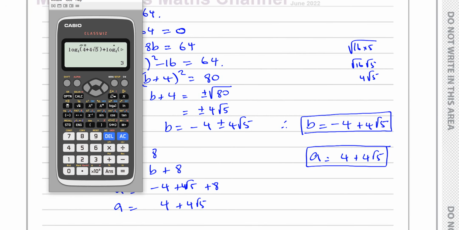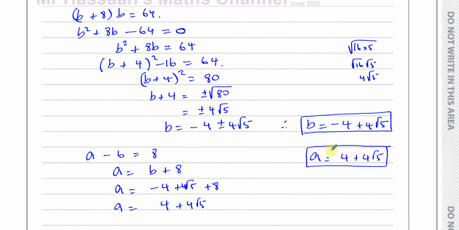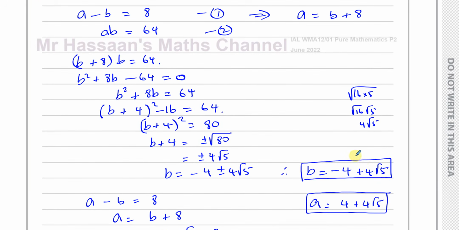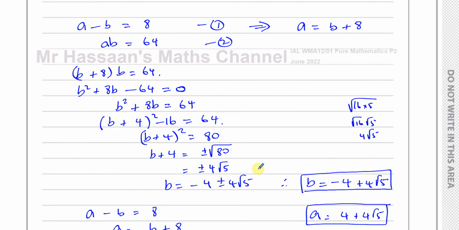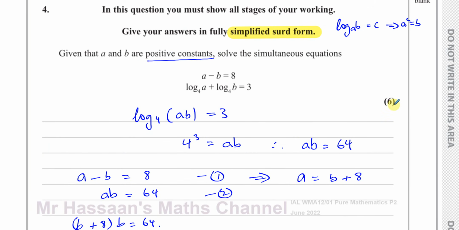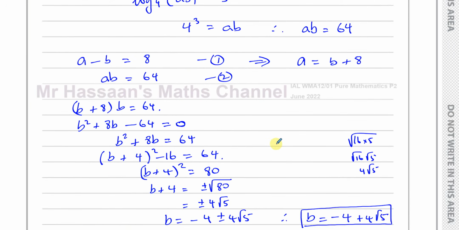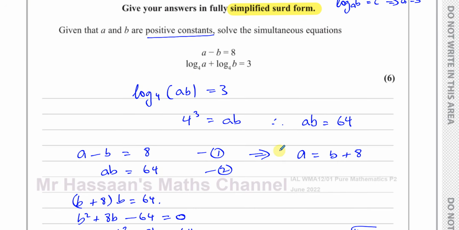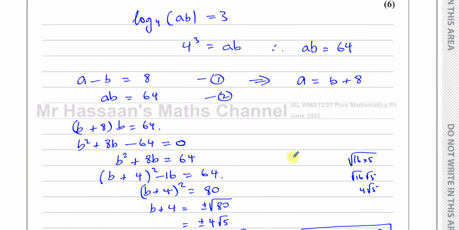So in an exam, when you don't have a mark scheme to look back to check if you've got the right answer, that's always a wise thing to do, in case you made a silly mistake somewhere, to check that you have got the correct answer and make sure you get the full marks for the question. It's always a good idea to check your answers. So there's the answer to question 4. It's actually pretty simple.